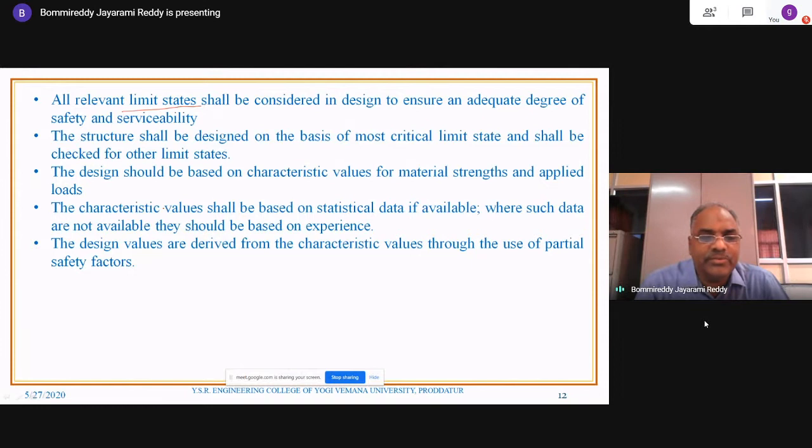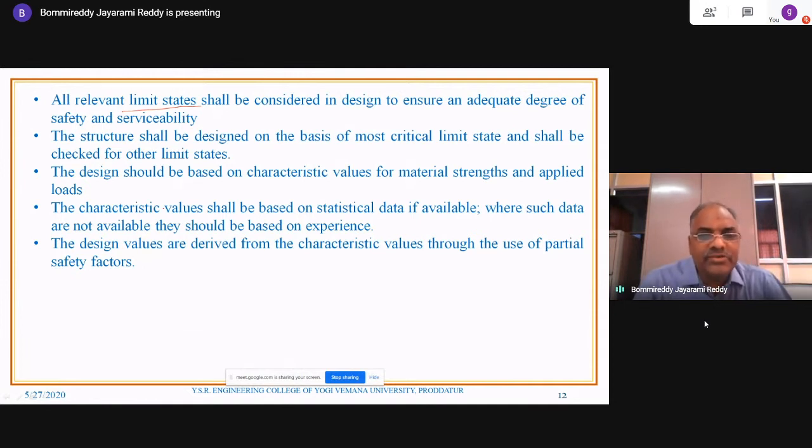So it should be checked for serviceability requirements, whether the deflection of that particular member is within the limits or not, and whether the crack width that is developed in the structure is well within the limit or not. So that means the design is for the critical state and it should be checked for various other possible limit states that the structure is concerned with.